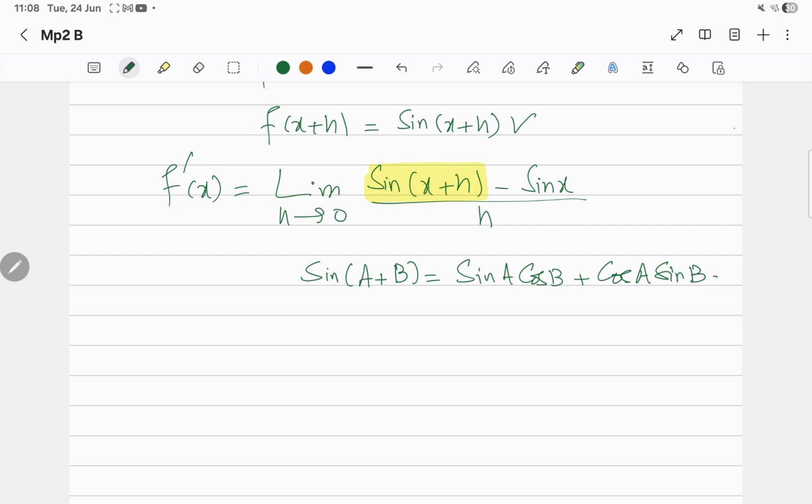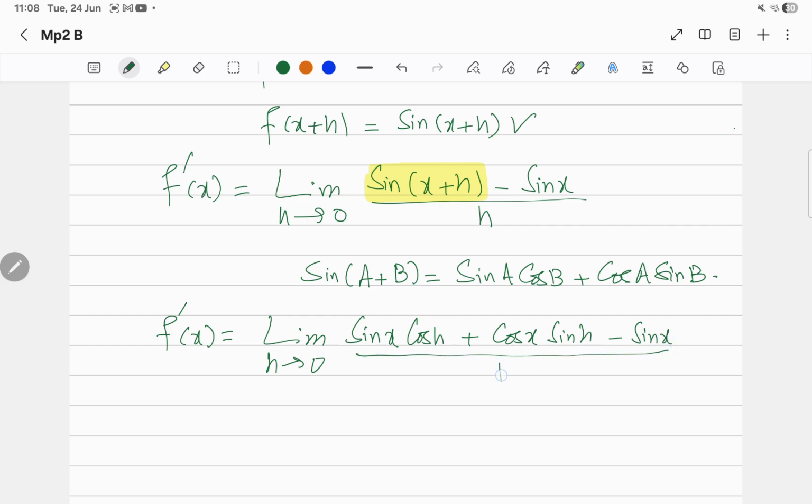If you apply this formula here, we get f prime of x equals the limit as h tends to 0 of (sine x cos h plus cos x sine h, and minus sine x as it is from the formula above), whole divided by h.